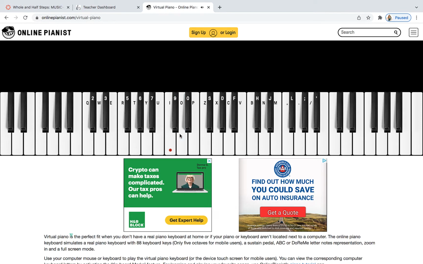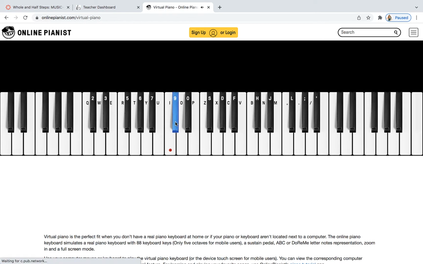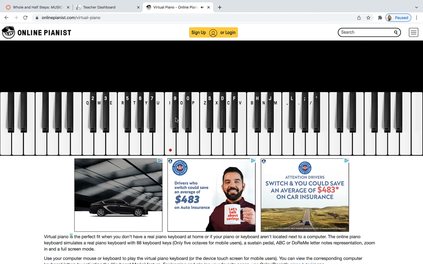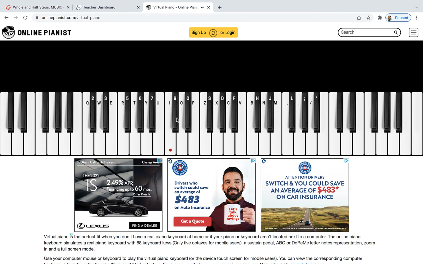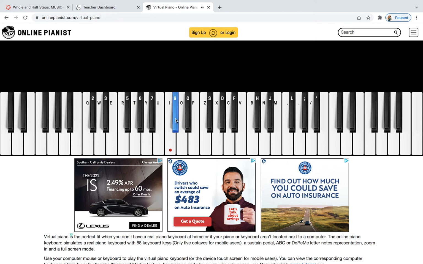And if you actually sing that to yourself, you'll find your voice barely moves. As opposed to the whole step. Got a little distance there. Half.